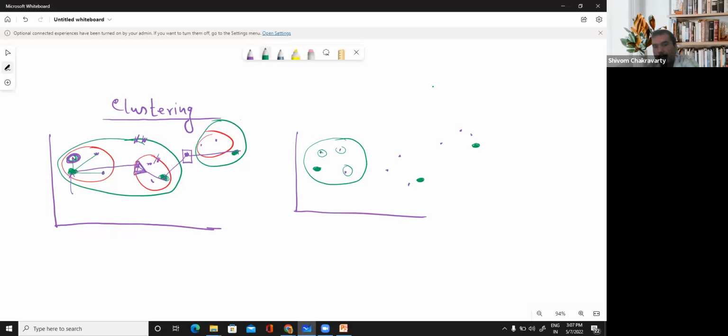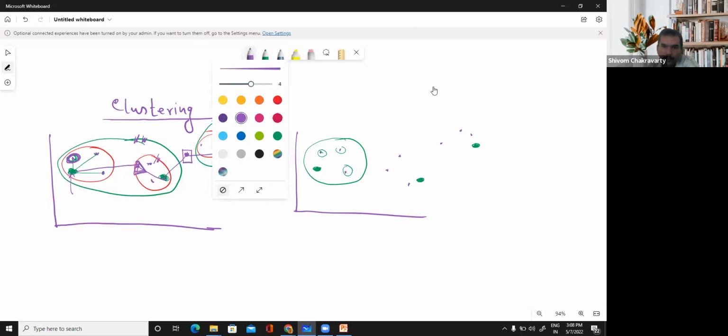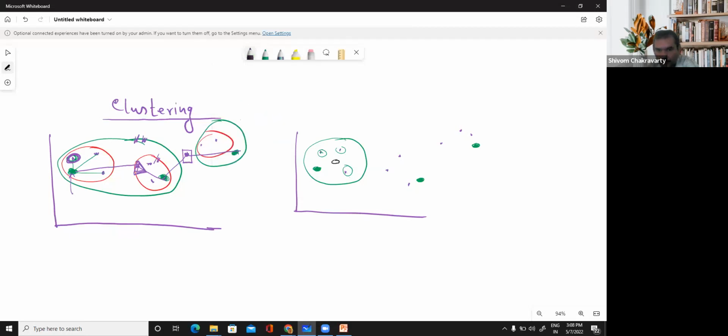Now we will calculate the centroid of this cluster. That is, actually calculate the midpoint of these 3 original data points. Suppose the actual midpoint comes to be this.